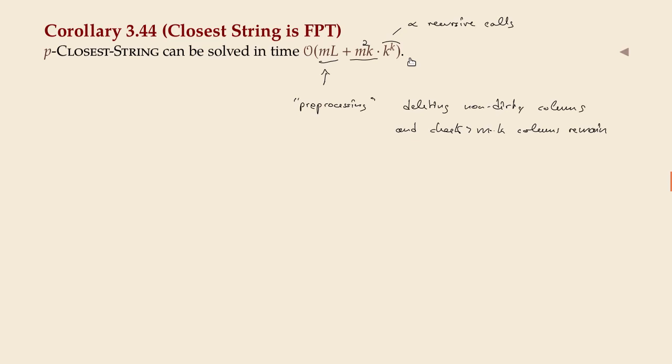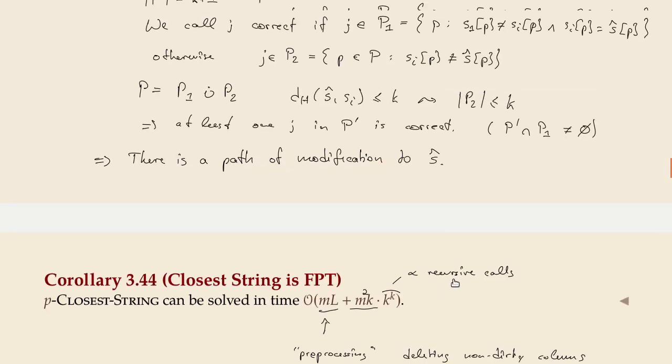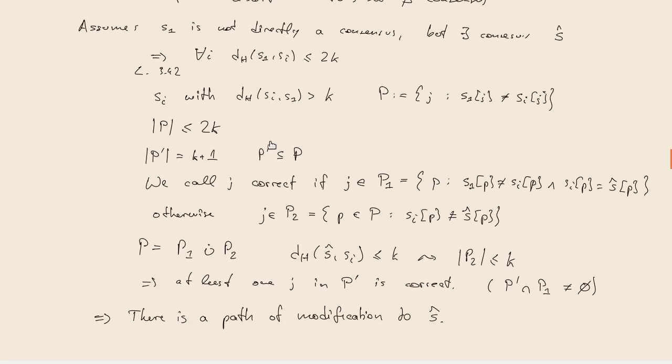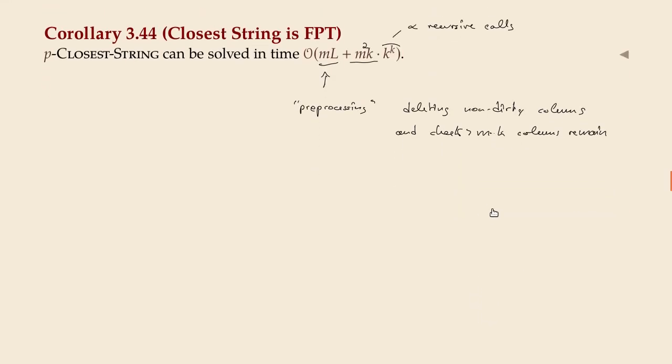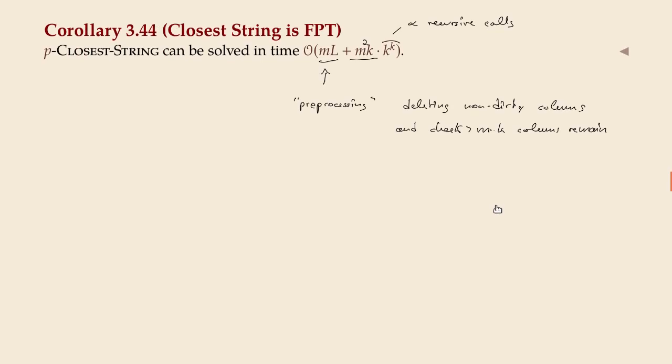With arguments like that, you can show that there's no algorithm that improves on this k to the k by much. So even though this algorithm is relatively simple and based on a simple idea, the only slightly clever step was to limit this p prime to only k plus 1 positions and not take all of p. That's maybe the only non-trivial part, and that essentially gives you an algorithm that's probably not possible to beat.